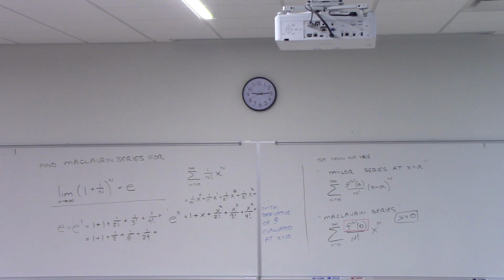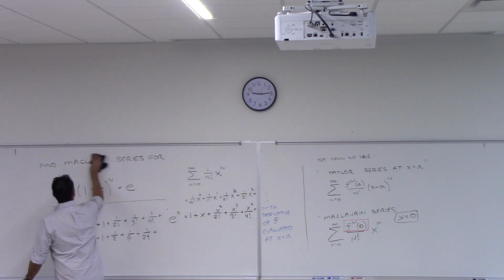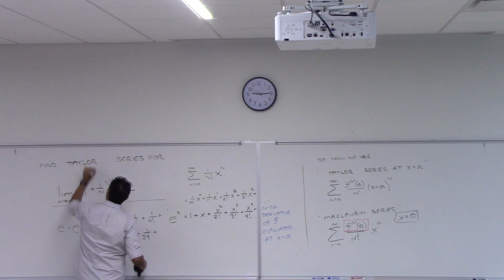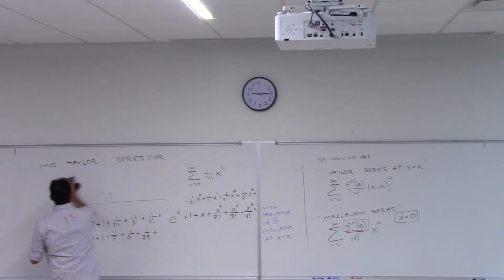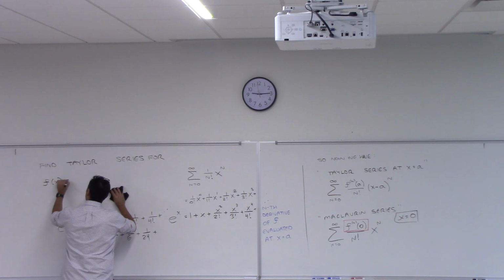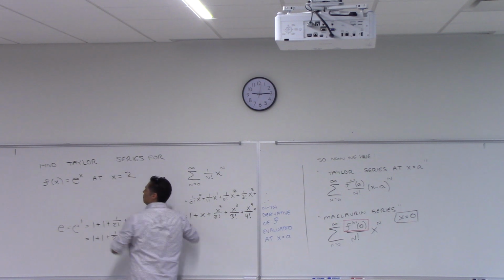Now what I want is to find the Taylor series, not Maclaurin, the Taylor series for e to the x at x equals 2.